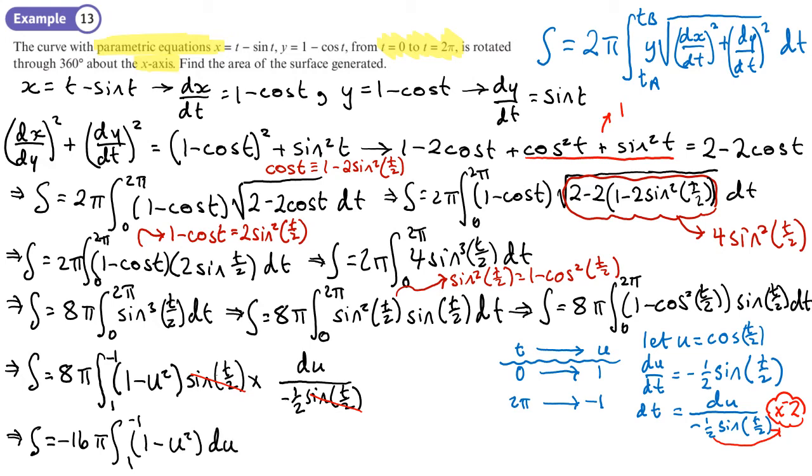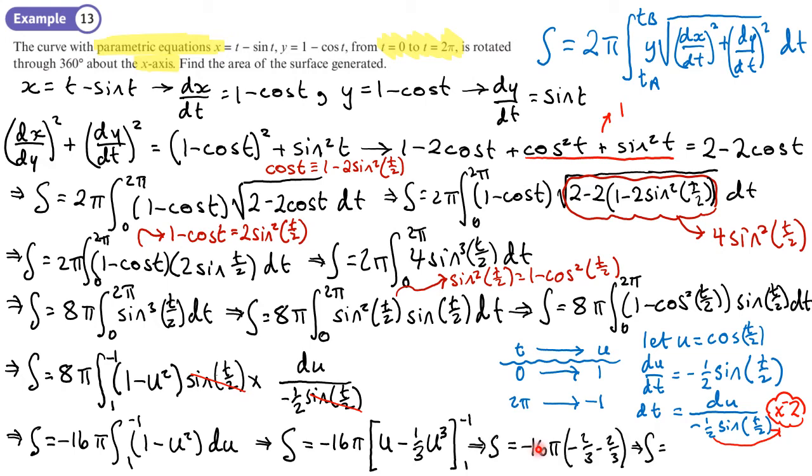Right, now that's easy enough to integrate. So not forgetting my negative 16 pi. The 1 will become u. The u squared will become 1/3 u cubed. And I just need to plug in my limits now, negative 1 and 1.